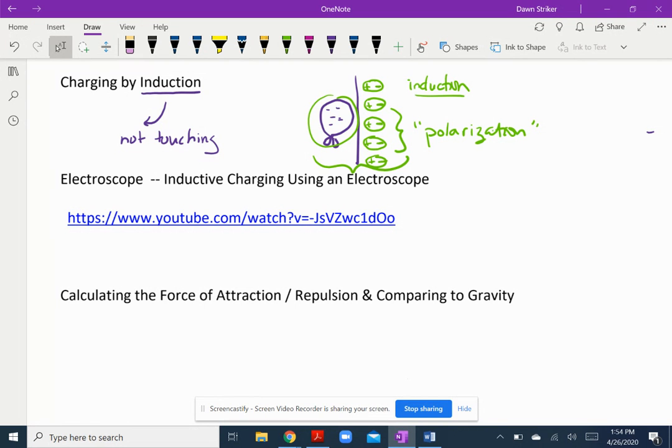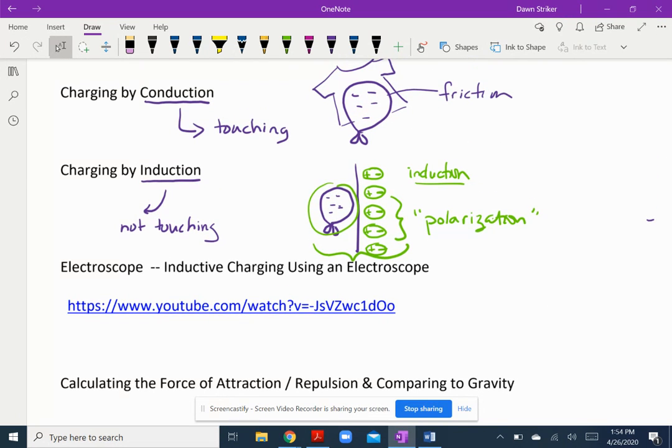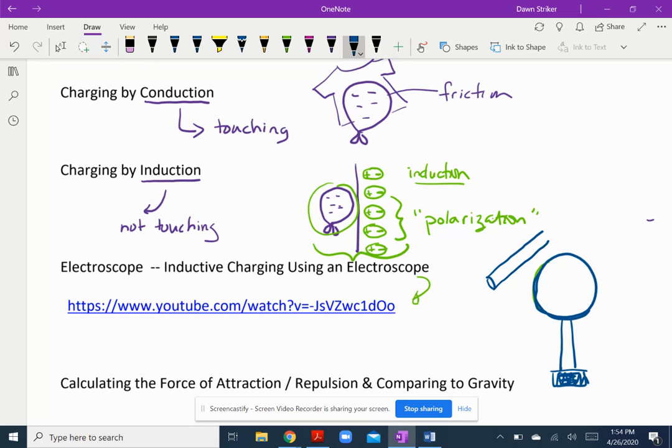There's a great video showing charging an electroscope by induction. I'm going to post this link and hopefully you will watch that. But basically, if you have an electroscope, or a big conducting sphere like the Van de Graaff generator, this is made of metal, and on metal the electrons are free to move around. If you take a positively or negatively charged rod and hold it nearby, something's going to happen on the conductor.